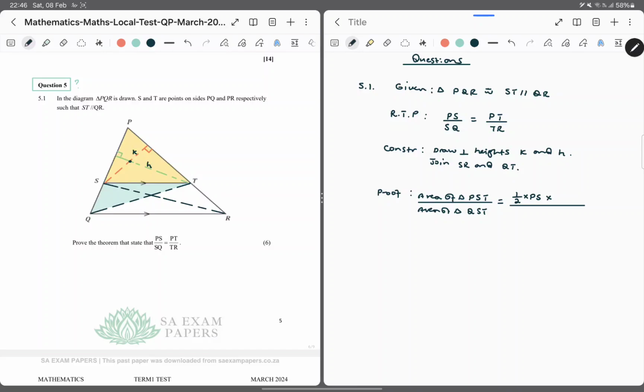The perpendicular height is H. This one is going to be half. The base is SQ. And the height, remember, this is a scalene triangle, so the height is outside. So it's going to be H. Alright, so that divides to 1. That divides to 1. And all we have left is PS over SQ. Okay, at least we've got something.